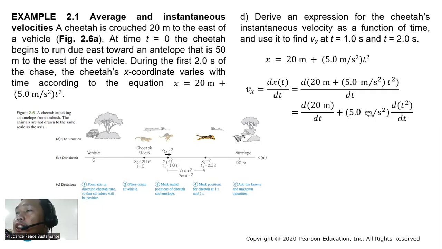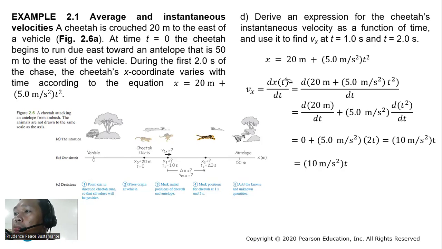I believe we discussed this already in our first slide, first topic. So the derivative of a constant is 0, and the derivative of t squared is just 2t. So 2t times this one is just 10 meters per second squared times t.